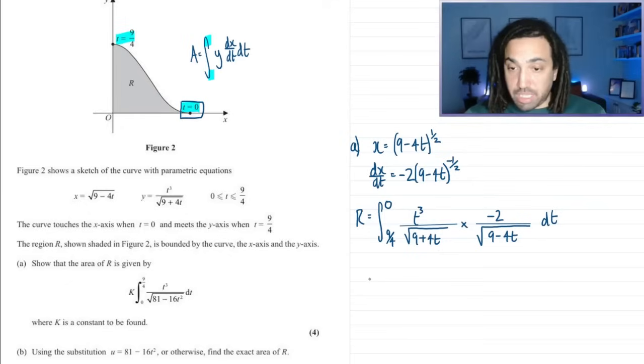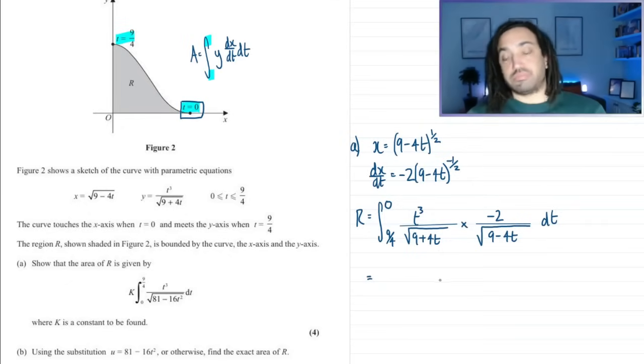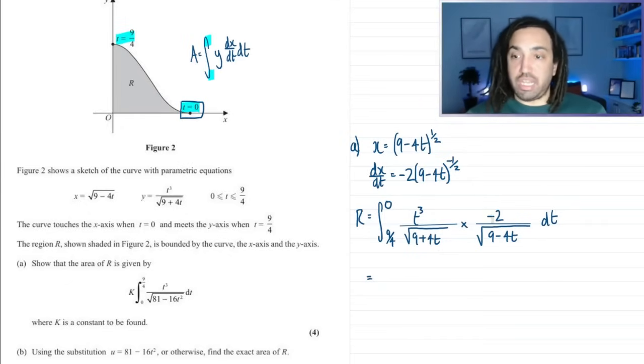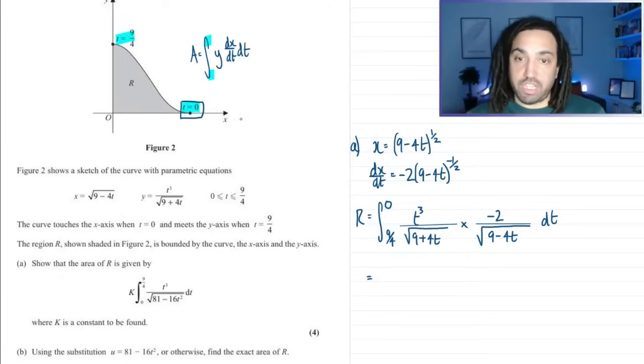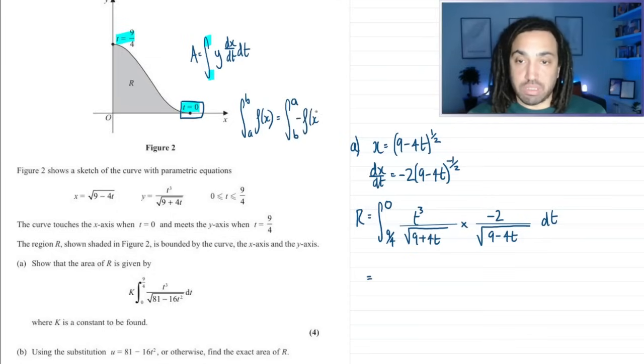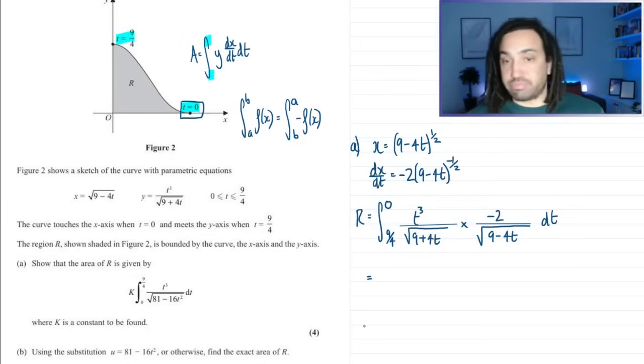Okay, great. Now, here's the trick. If you have the integral between b and a of f of x, then this is the same as if you flip the limits over, the integral gets multiplied by a negative.